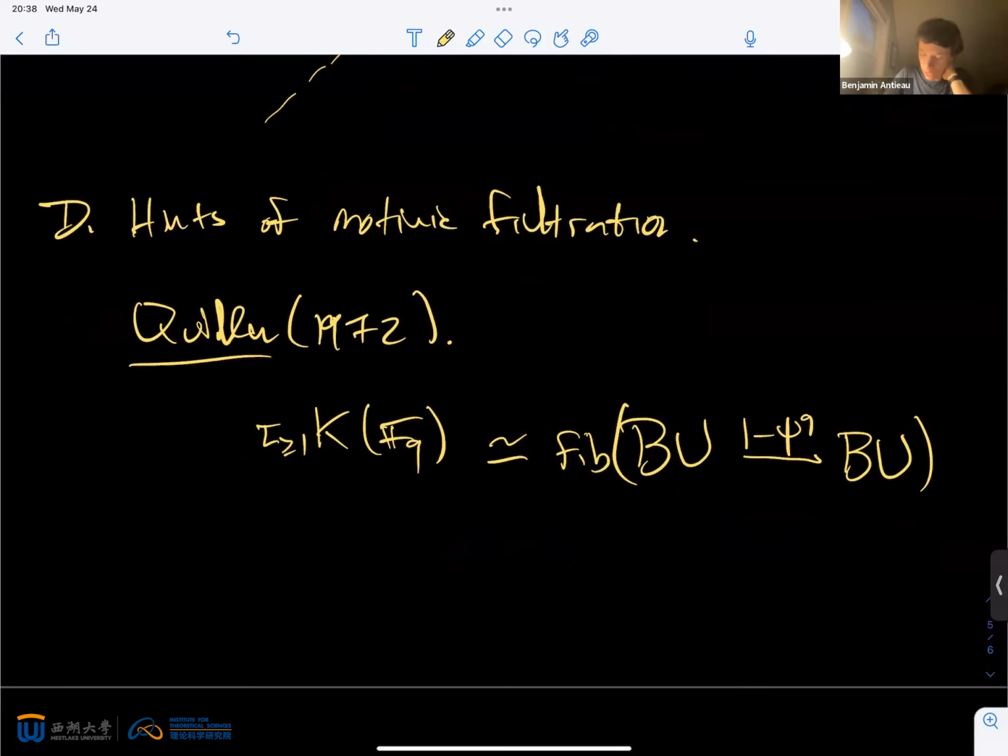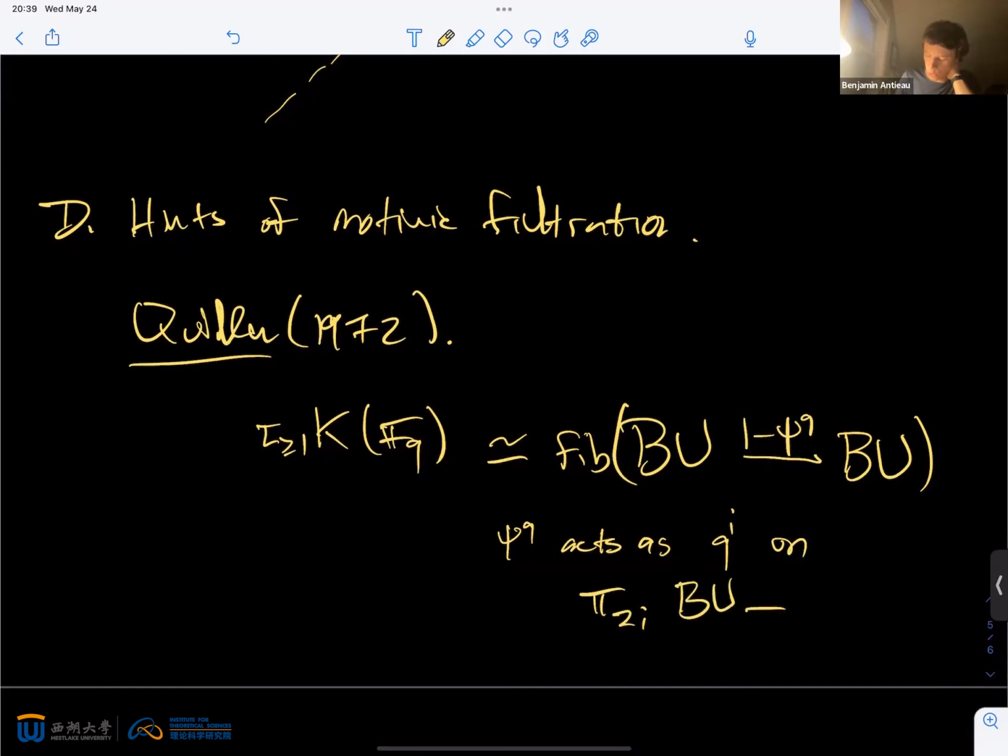And this spits out an actual calculation. So the point is that psi q acts as q to the i on pi 2i BU, which is isomorphic to Z for i at least one.